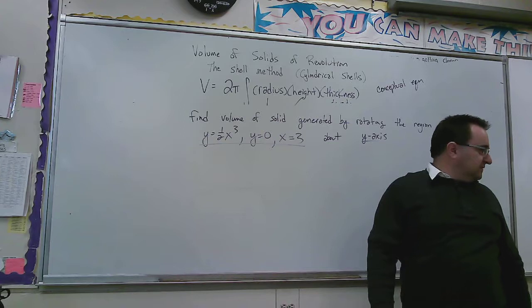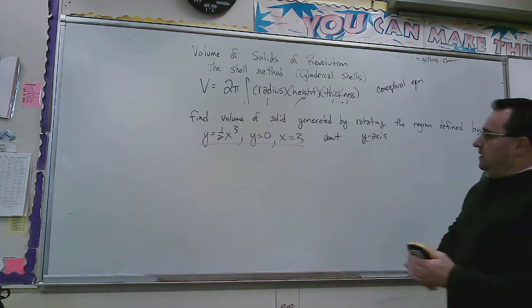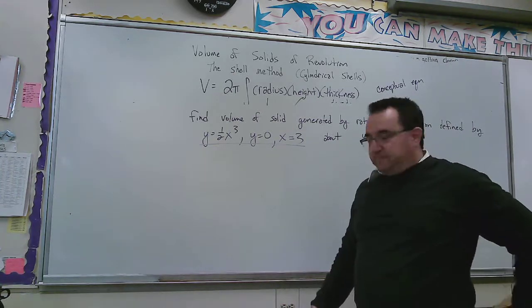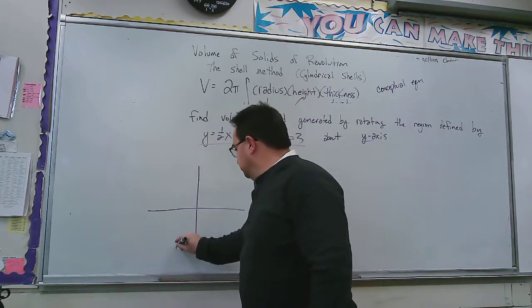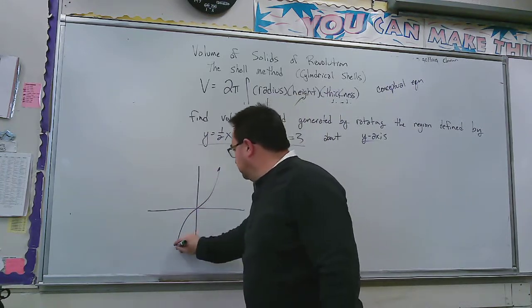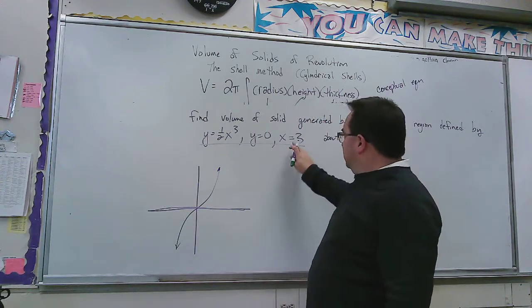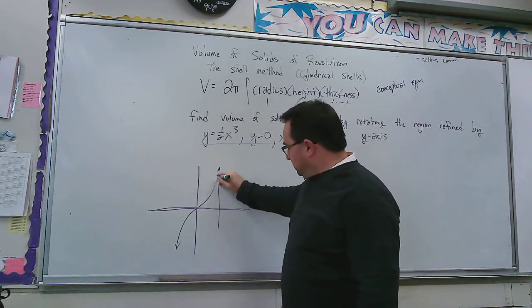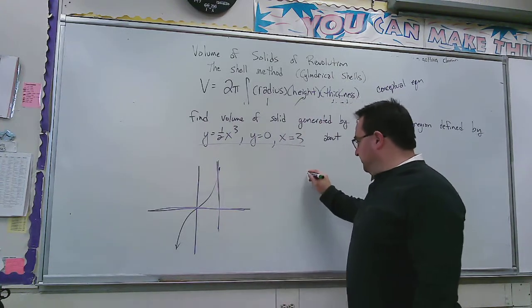And I'm going to need my calculator at some point. All right, so the first thing we do is we draw a picture. So this is the cube function, a variant. Y equals 0 is this x-axis, and x equals 3 would be right about here, right? So I'm going to draw a prettier version of that.